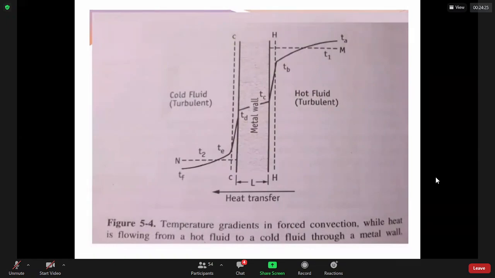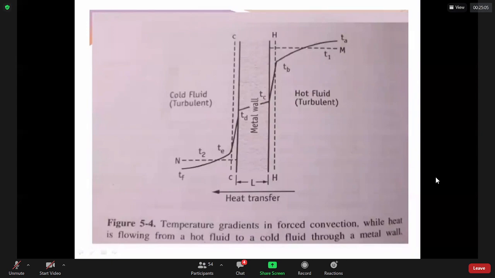Now you see the gradient line TC and TD. They are actual temperatures. That temperature difference, TC and TD, is caused by the flow of heat through the metal wall, whose conductivity is known, and that is done by conduction. Now you can also note that the thickness of the metal wall is L. It is indicated here.